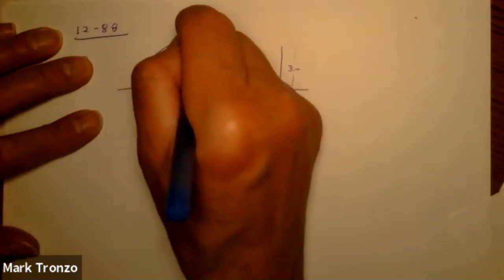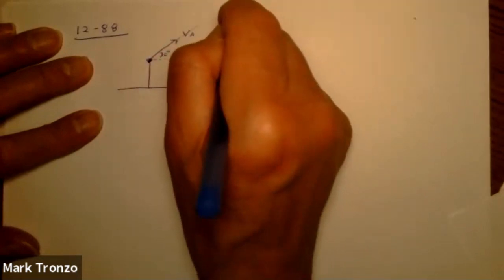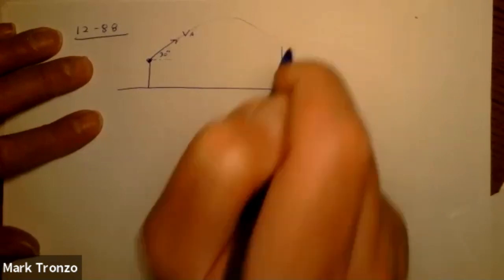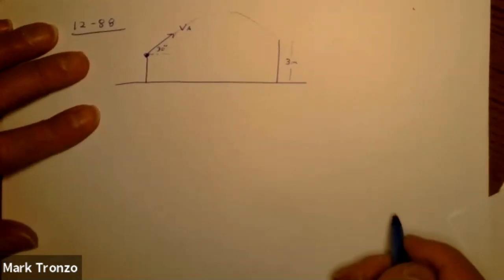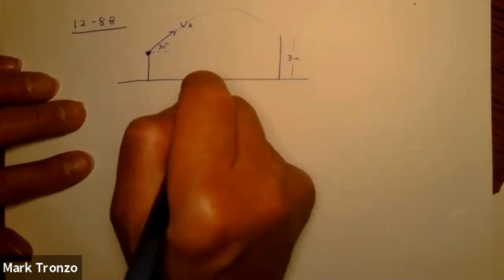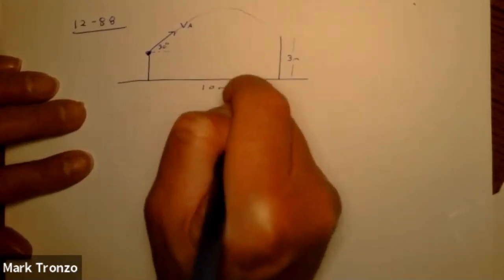So the ball is going to shoot here. And if he's a good shot, it's going to go into the basket. And we're told that this distance is 10 meters.